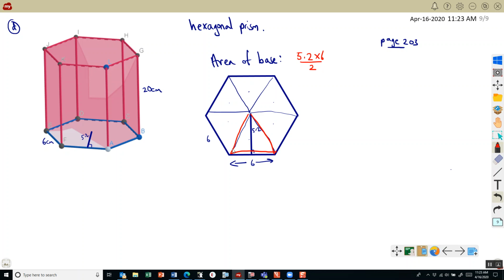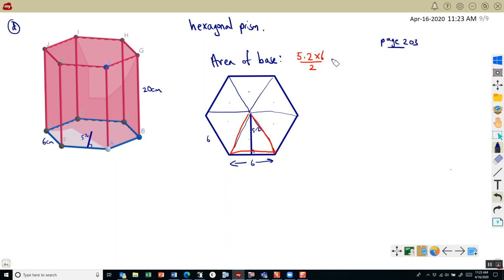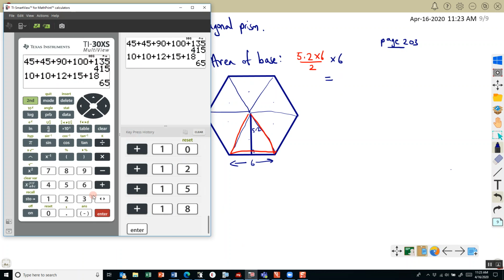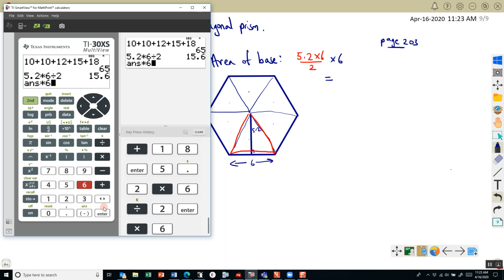So that's the area of this little triangle. And because there are 6 of these triangles, I'm going to multiply this answer by 6. I can put this into my calculator. So I've got 5.2 multiplied by 6 divided by 2 multiplied by 6. So I get 93.6.